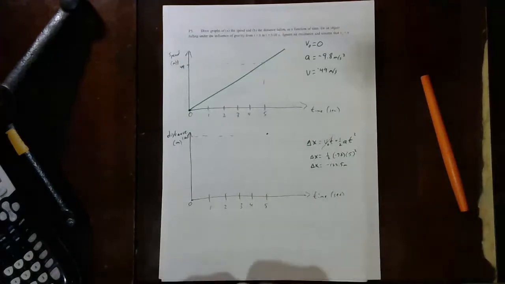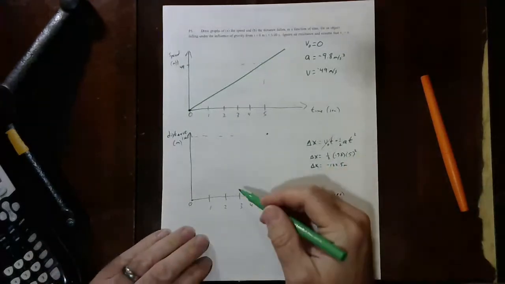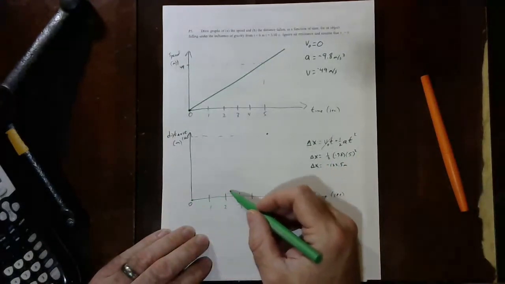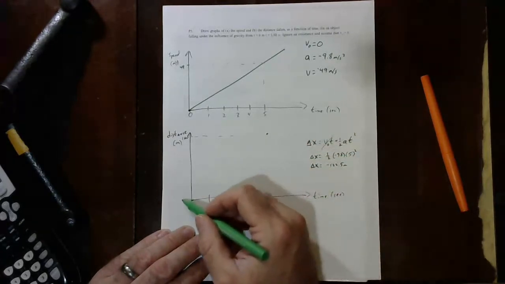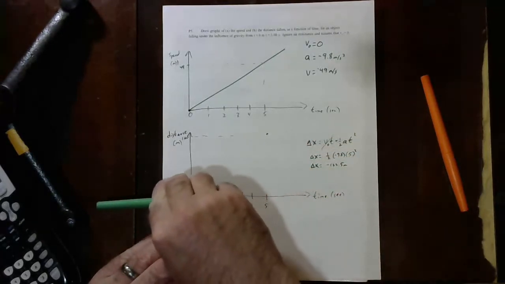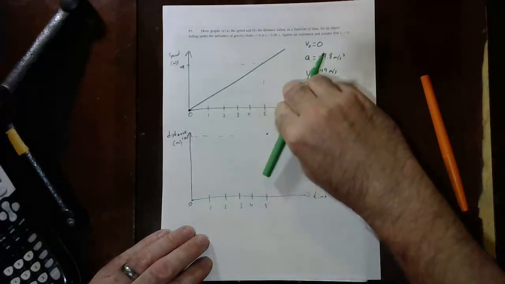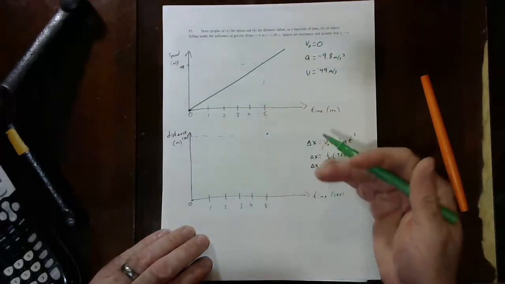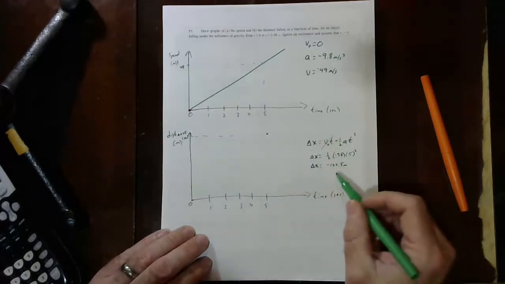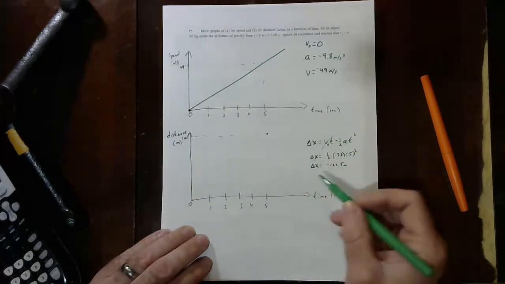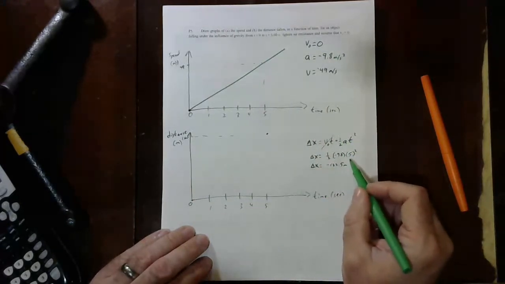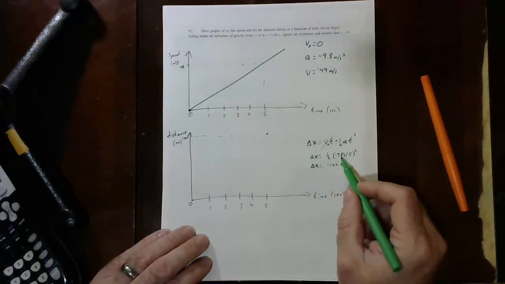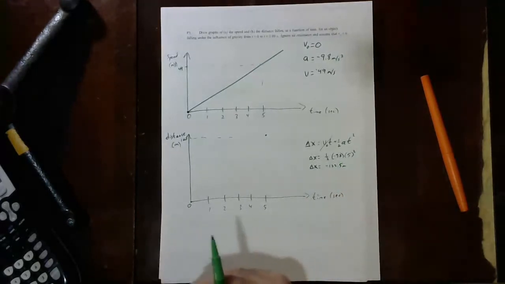How precise do we need to have that curve? Honestly, for this course, we're not looking for it to be really precise. We're just looking to have a curve that goes from starting off flat to pretty steep here. If you wanted to be even more precise, we could pick a value in the middle and repeat this calculation, maybe for the 3 second mark, with half of negative 9.8 times 3 squared.